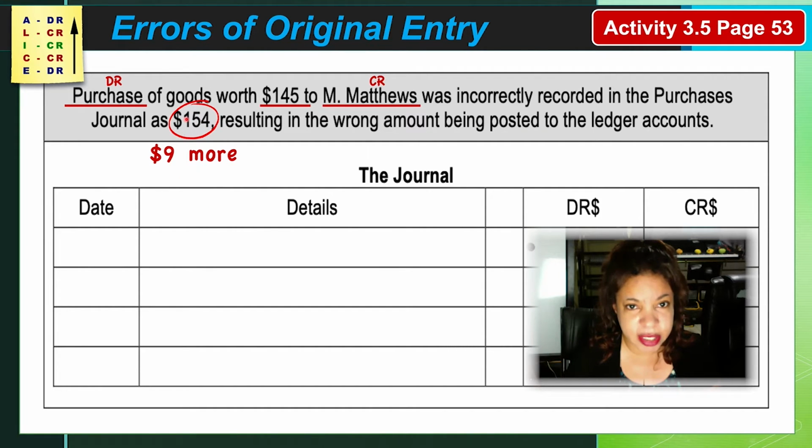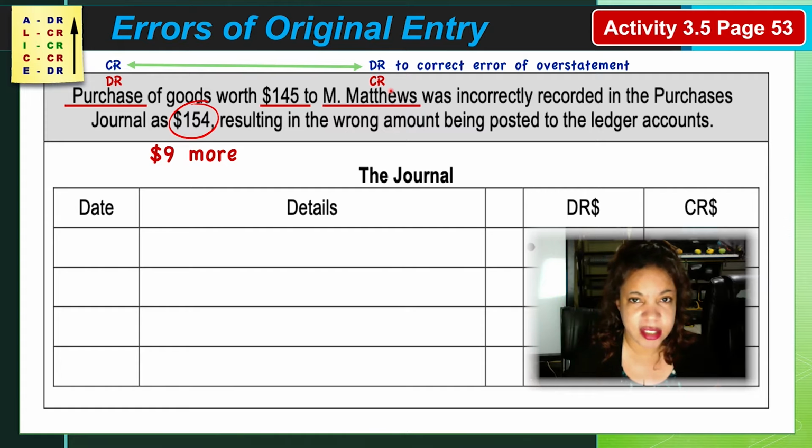So what you're going to do, the account that was debited, you're going to credit, and the account that was credited, you're going to debit. So in other words, you're going to flip the transactions to correct the error. Once overstated, once again, you will do the opposite of what the transaction is.